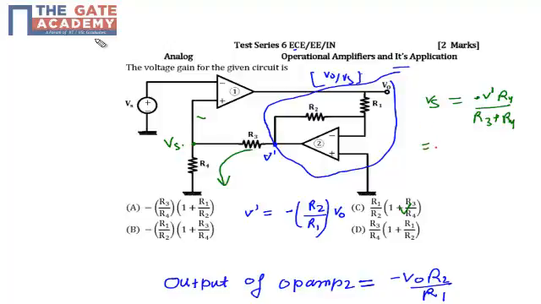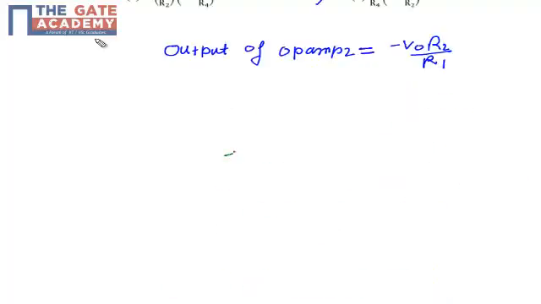So finally, Vs will be minus R2 by R1 times V0 times R4 upon R4 plus R3. I can write it as minus V0 into R2 upon R1 times R4 by R3 plus R4, which is basically my Vs.